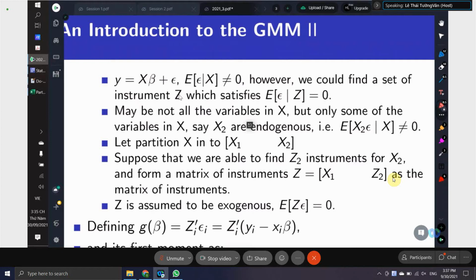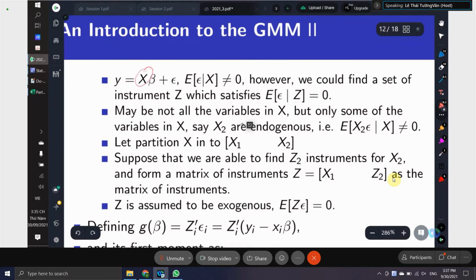However, if we could find a set of instruments Z which satisfy the condition that the expectation of epsilon given Z is 0, then we have a solution.